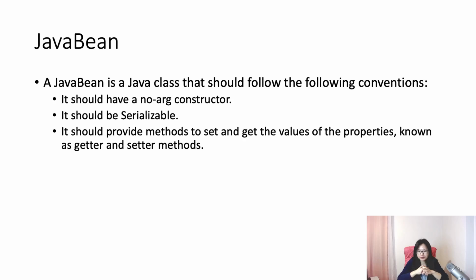And why do we need to have a JavaBean? Java has Java SE, which can be used for standalone applications. There's another part previously called Java EE, Java Enterprise applications, but now it's given to the Eclipse Foundation. It's called Jakarta EE now.